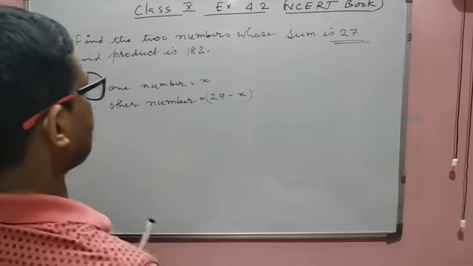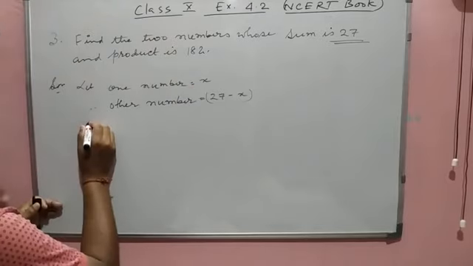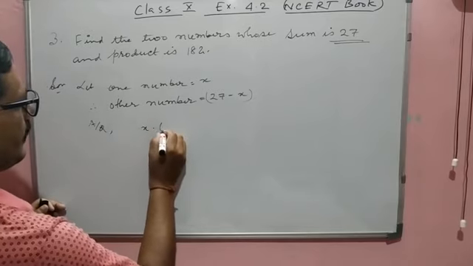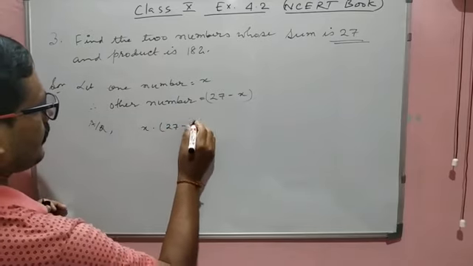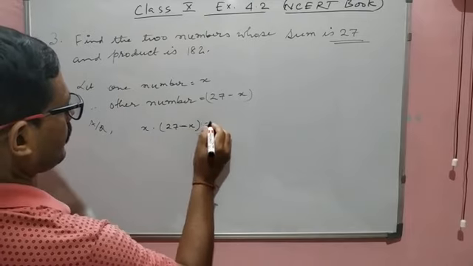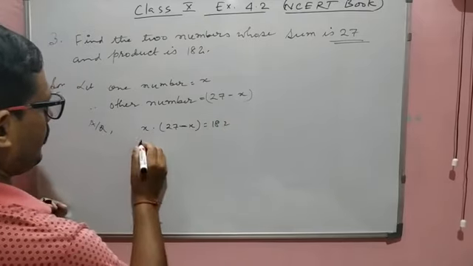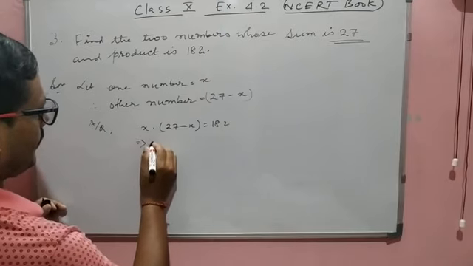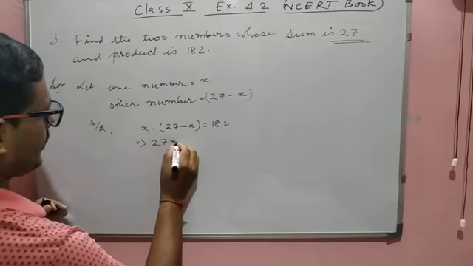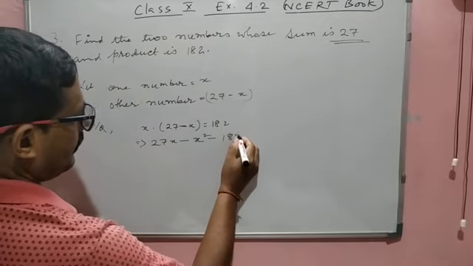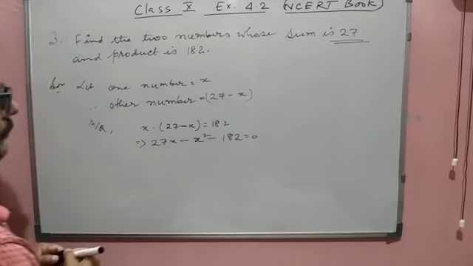And their product is given as 182. So according to the question, their product is 182. Now if we multiply this, it will be 27x minus x square. Transfer this to this side, it will be minus 182.